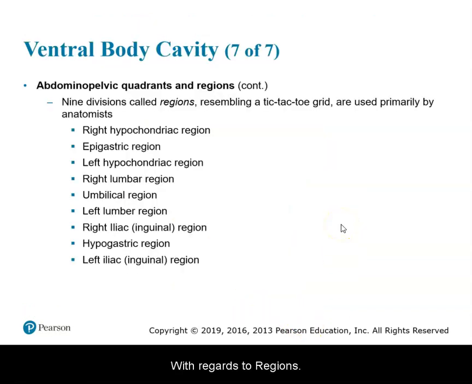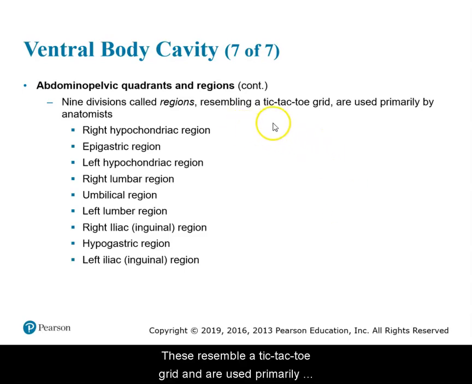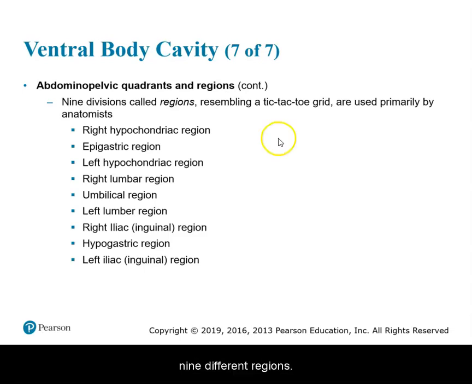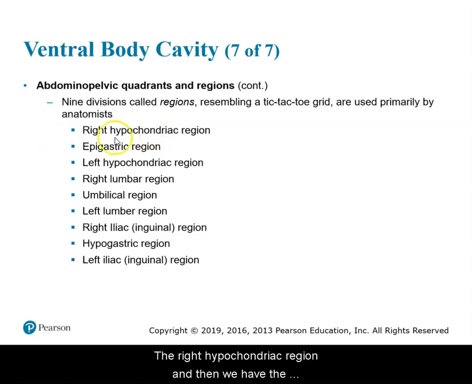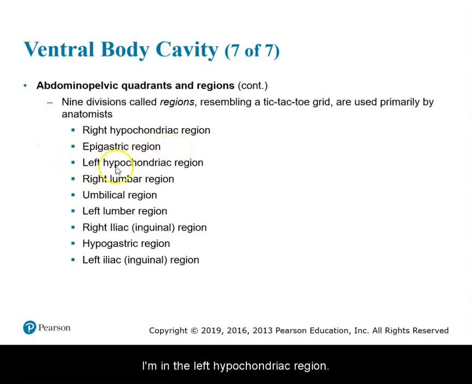With regards to regions, we have nine abdominopelvic regions. These resemble a tic-tac-toe grid and are used primarily by anatomists as well as surgeons. We have the right hypochondriac region, the epigastric region, and the left hypochondriac region.